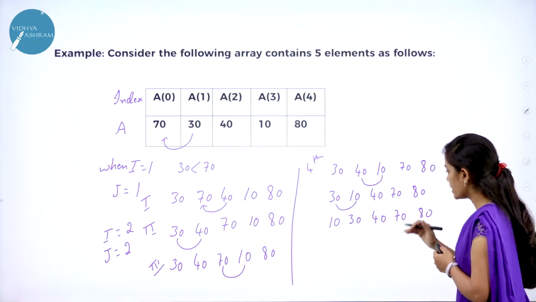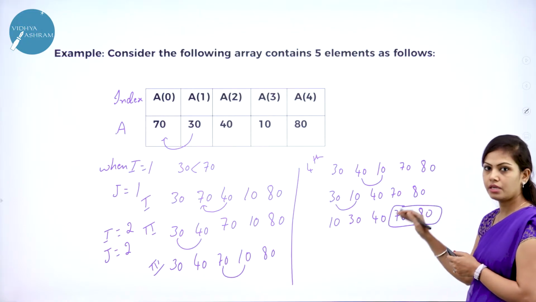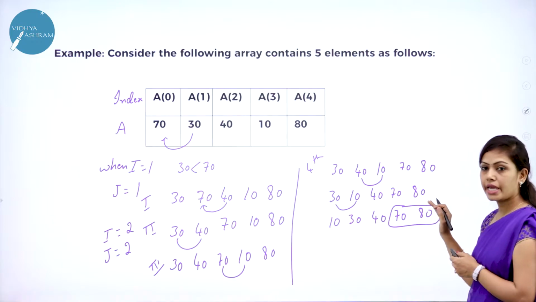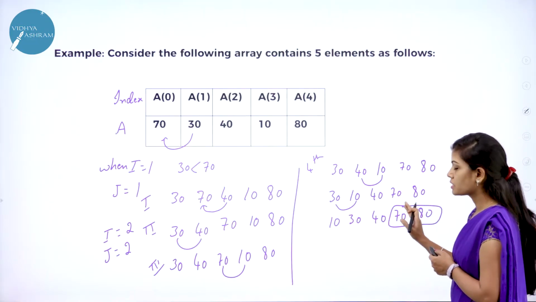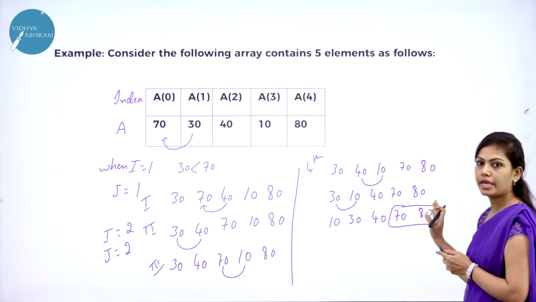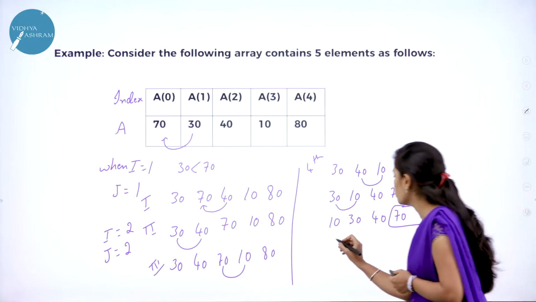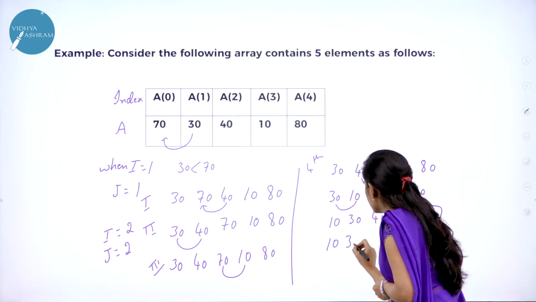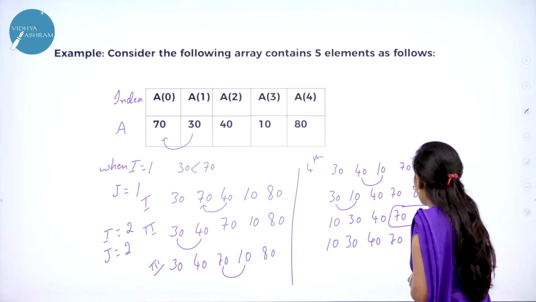And again in the next iteration, you just compare these 2 elements, 70 with 80. Is there any change? No changes will happen, because 70 is less than 80, so no swapping happens.